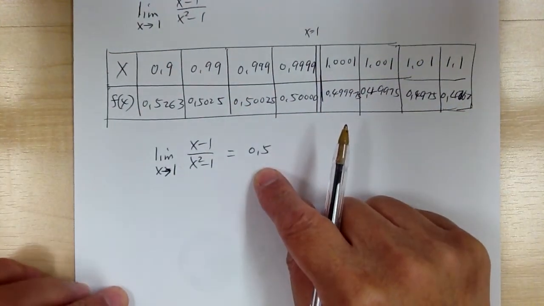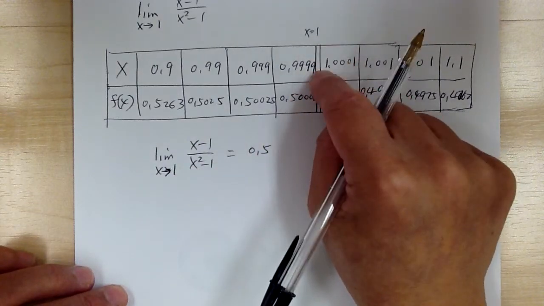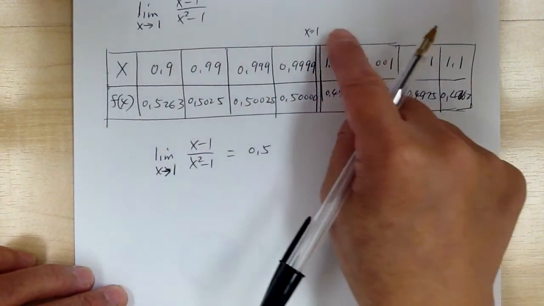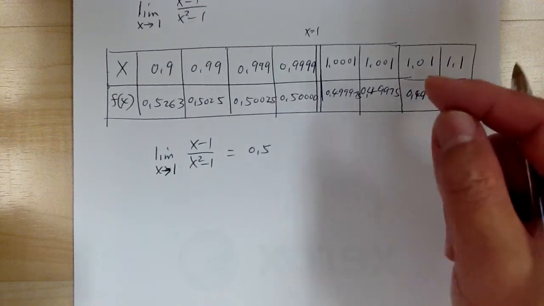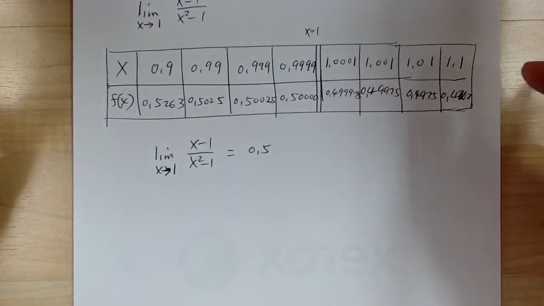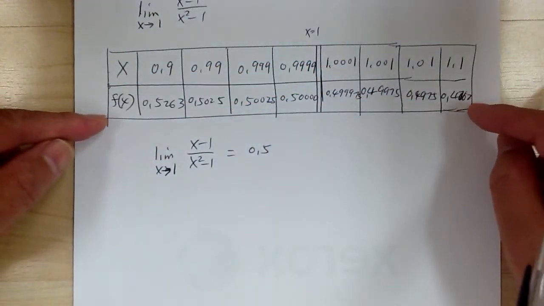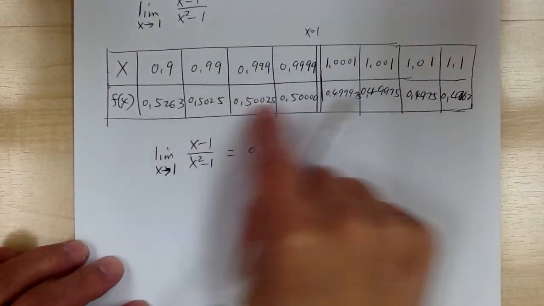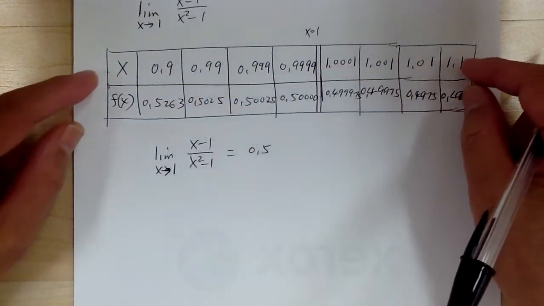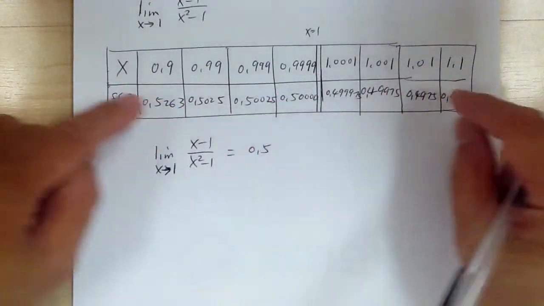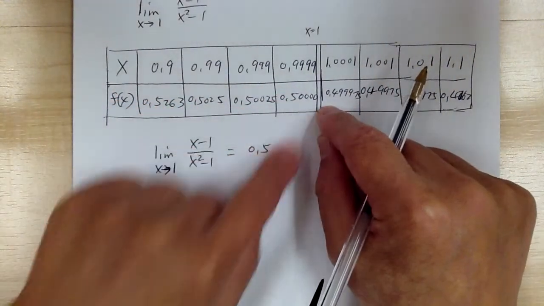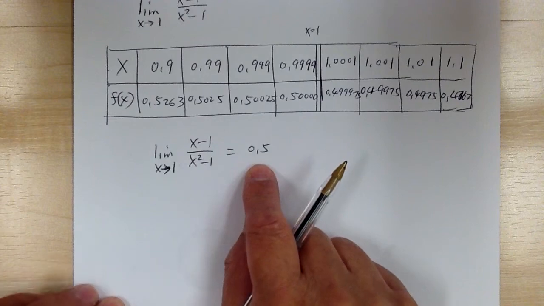Again, you cannot have x equal to 1 because it makes it undefined. The limit means finding out what happens to y as x gets closer to 1. From the table, you can see that when x gets closer and closer to 1, y gets closer and closer to 0.5. That's what the limit is.